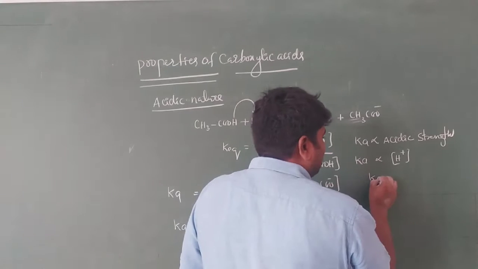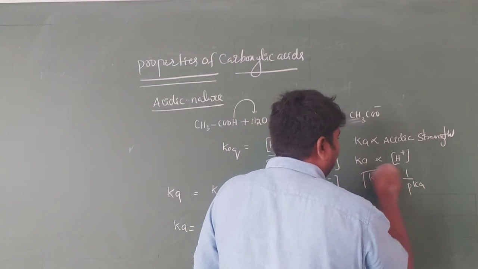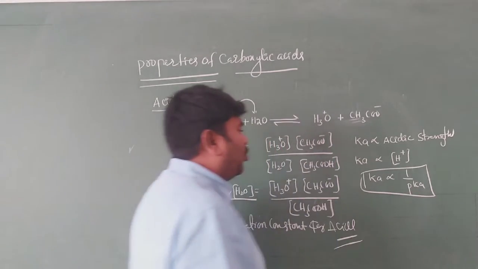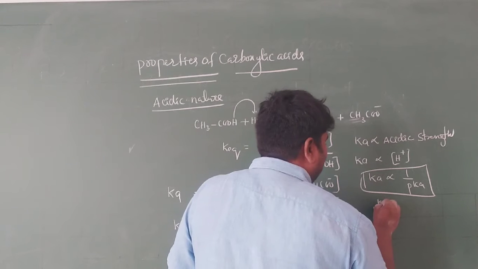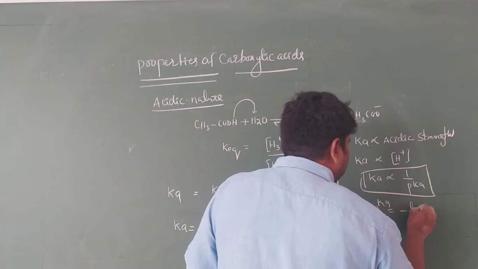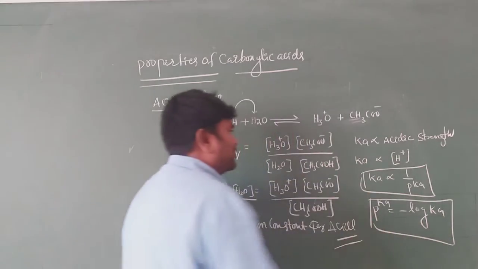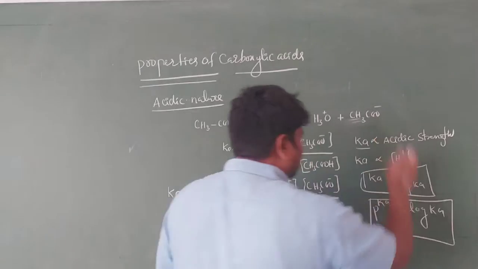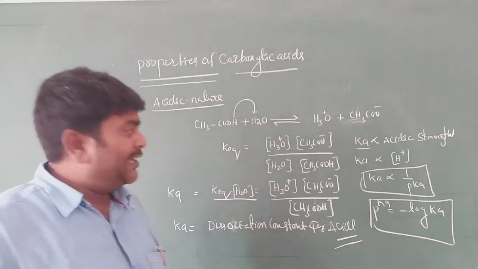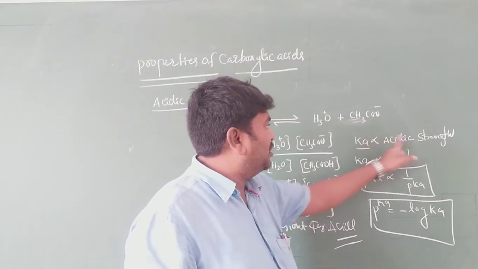Ka is inversely proportional to pKa. It is very, very important, my dear students. What is the relation between pKa and Ka? pKa is equal to minus log of Ka. These are the formulas. My dear students, if Ka, the dissociation constant value, increases, acidic strength increases. If H plus ion concentration increases, acidic strength increases, because both are directly proportional.